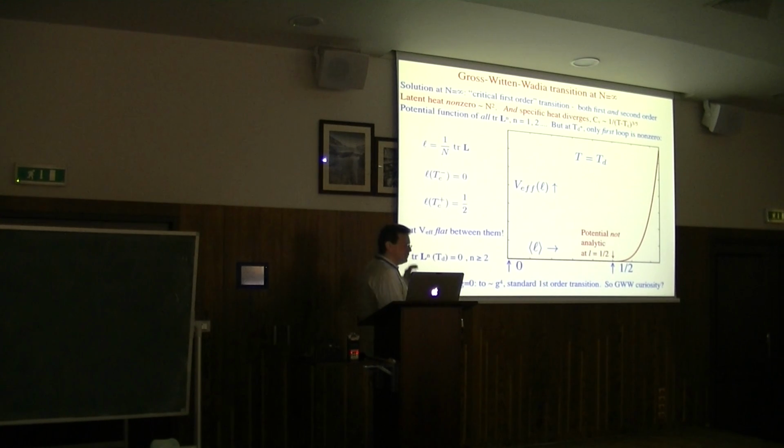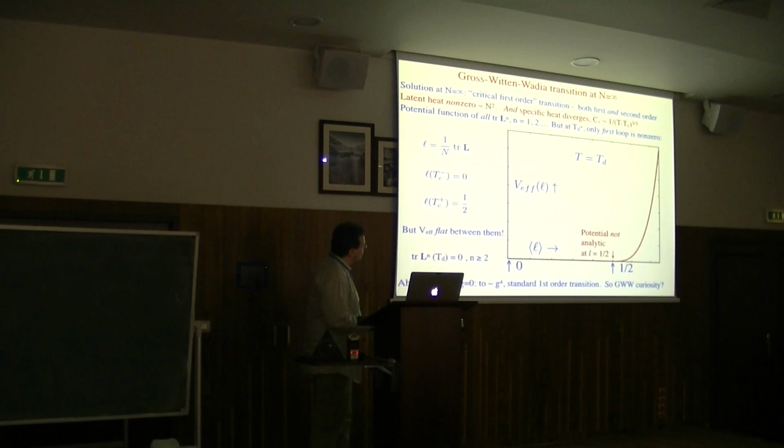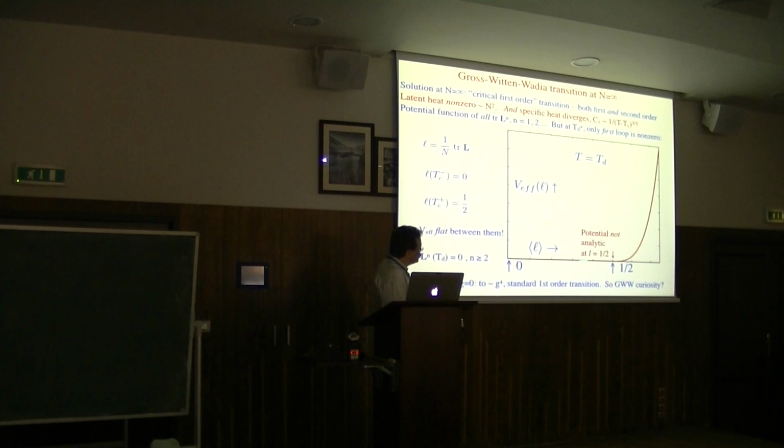And at infinite N, in particular models that I won't go into, this is what the potential looks like at the transition. The x-axis is the Polyakov loop, the y-axis is the potential. The value jumps from 0 in the confined phase to 1/2 in the deconfined phase, but there's no barrier.